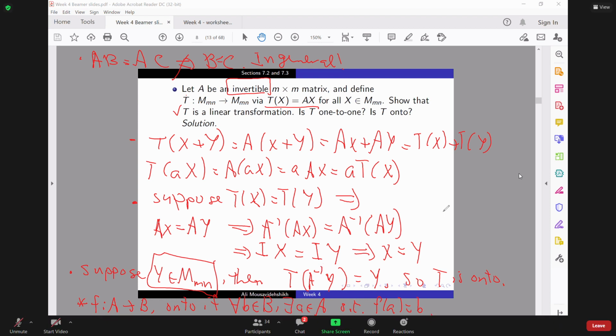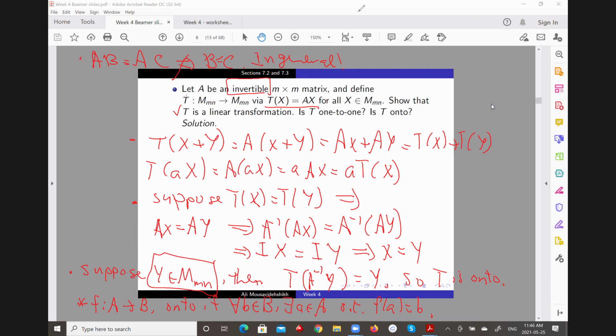Just remember, onto means you're hitting everything in your codomain, which means that if I pick anything in the codomain, there must be an input going to it. That's what I have to prove. Okay, I see. Thank you. Yes, surjective is the same terminology as onto.